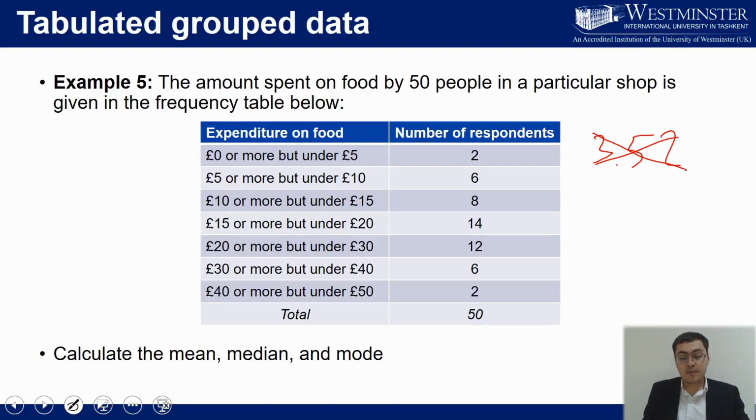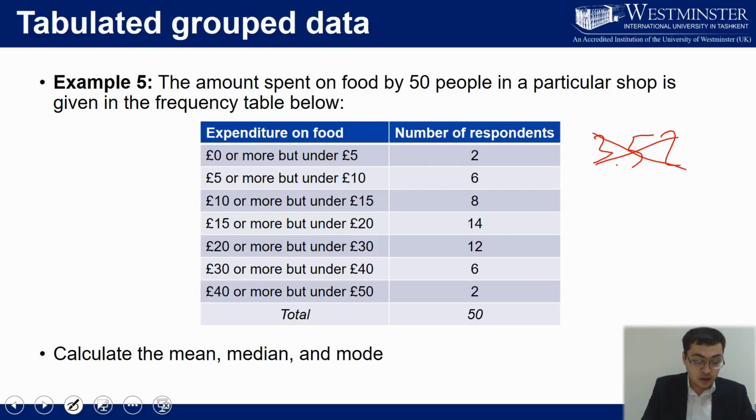If you remember, when calculating the mean on a tabulated ungrouped data set, we multiplied our observation by the number of respondents, or the frequency. But in this case, our observation is actually a range. It's not a single number. We cannot multiply a range by a single number.